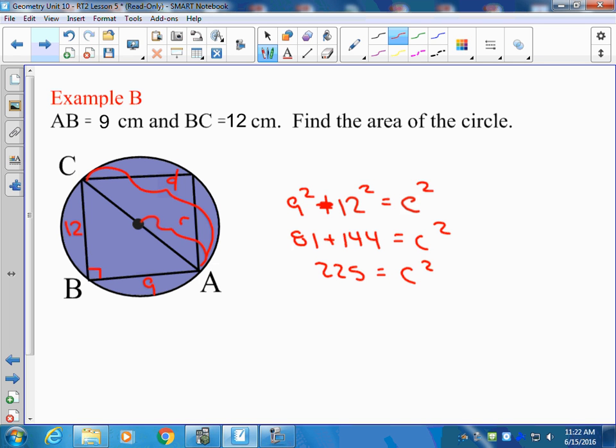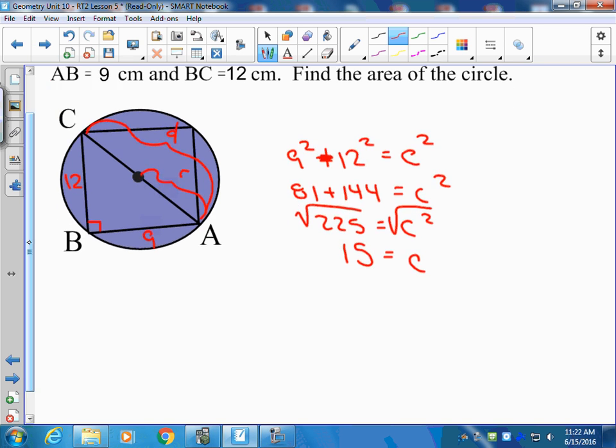And then we square root both sides to find that full value. Okay, c equals 15. And that would be one of our special 3, 4, 5 triangles, if you happen to notice that. Okay, now, once we have that value of 15, that is our diameter.